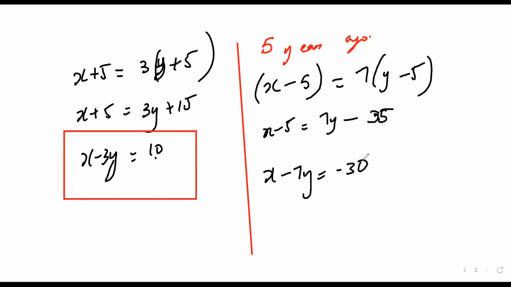Is this equation clear to everyone? Is there anyone who did not understand this particular equation? Five years ago, Jacob's age will be minus 5 years, right? And his age is 7 times that of his son's age.